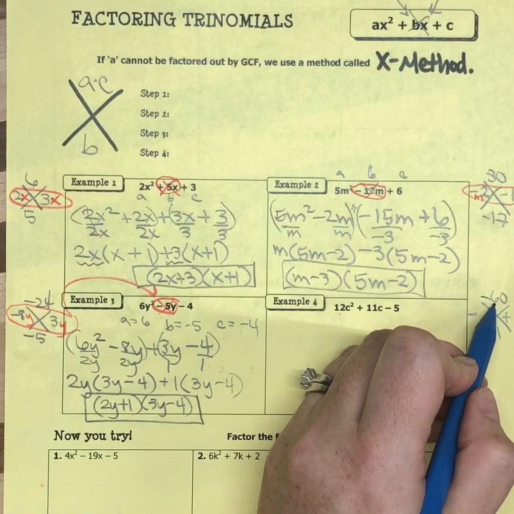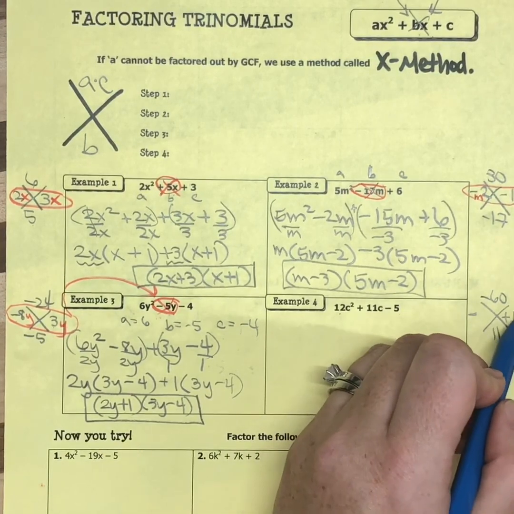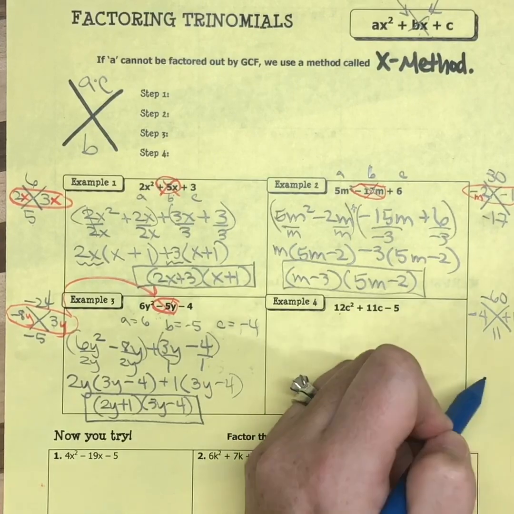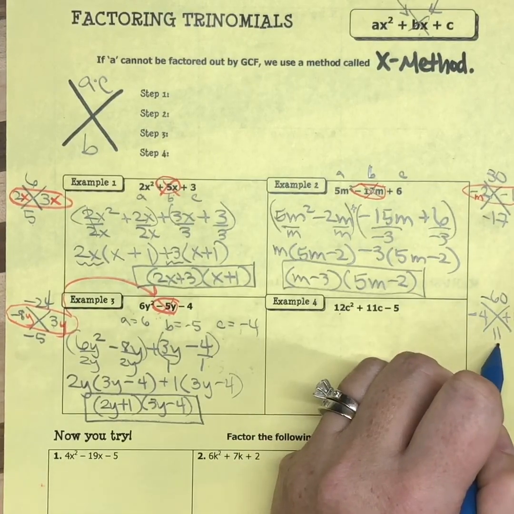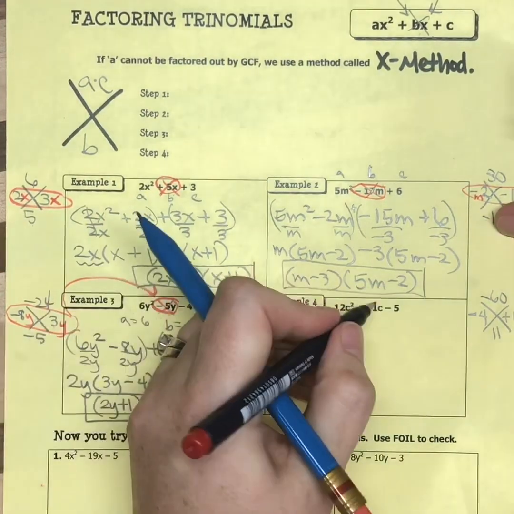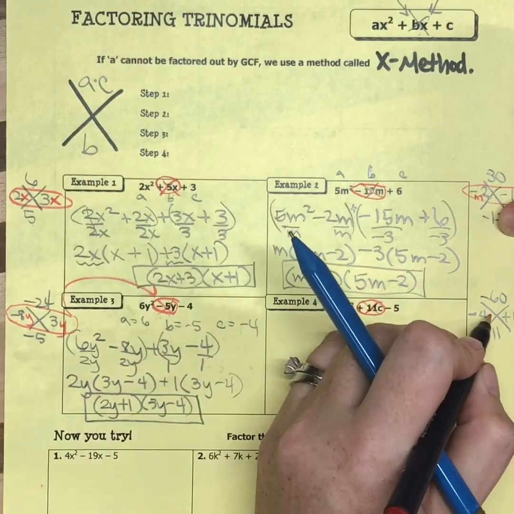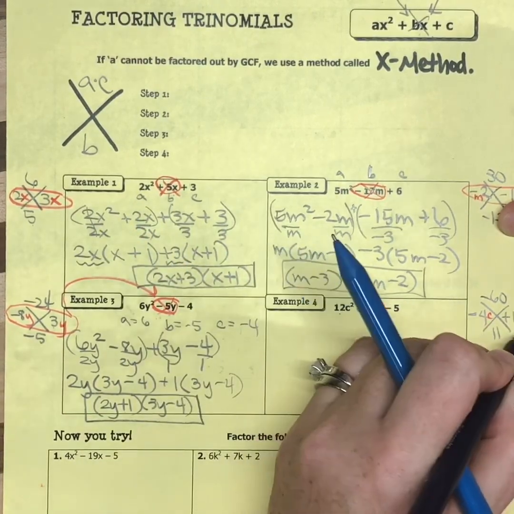Well, 15 times 4 is 60. But if the 15 is positive and the 4 is negative, they will add to the positive 11. So that works. So we're going to replace this old 11c with these two new middle terms.